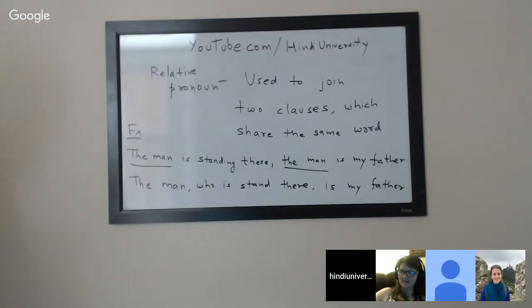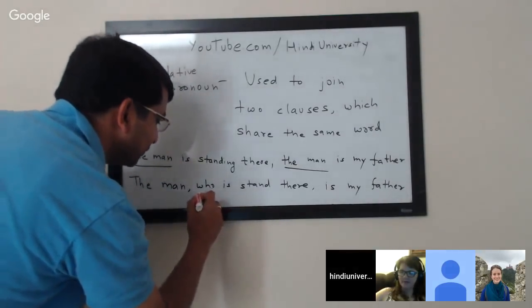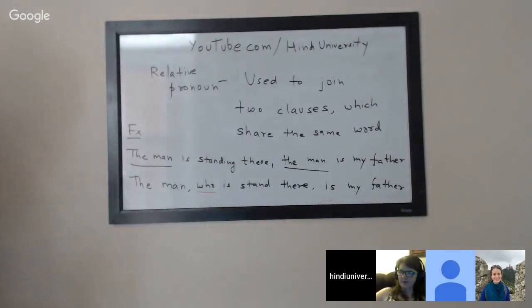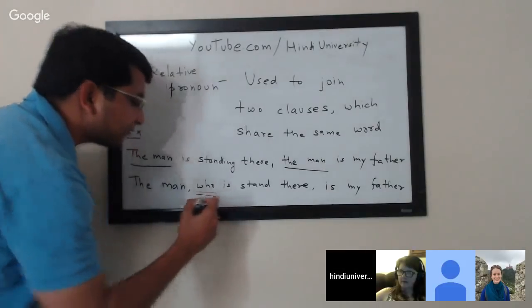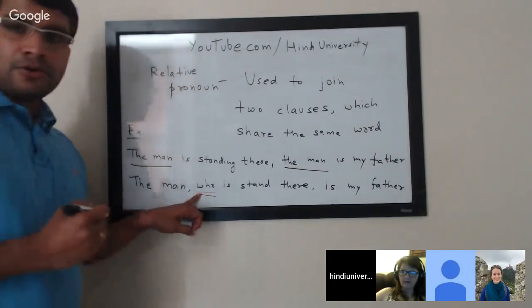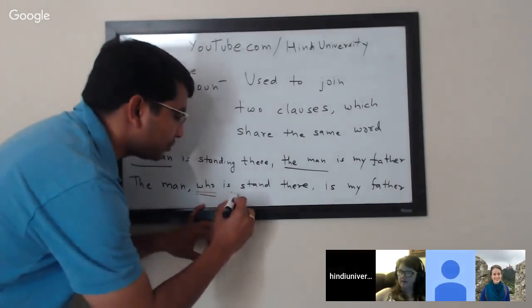You see something new in the second sentence. The word who. Yeah, so this part is new, right? Who. So who is basically nothing but a relative pronoun in this sentence. Okay, so these are the type of scenarios, and in Hindi, this who will be nothing but your jo.